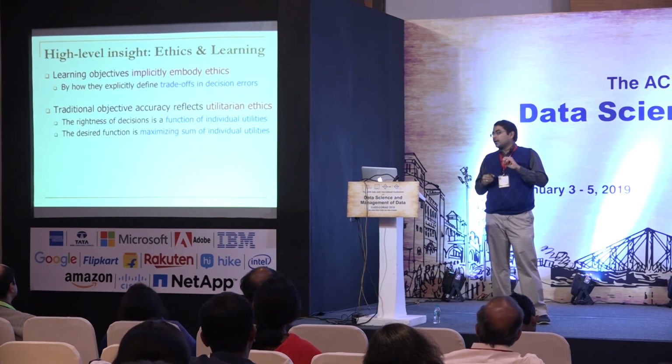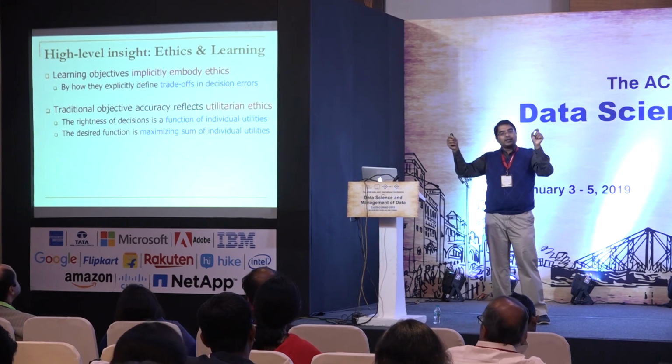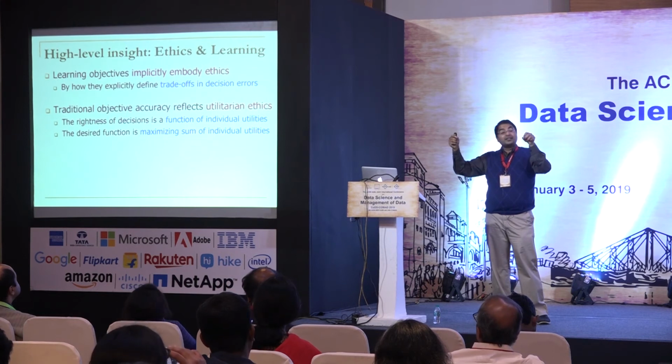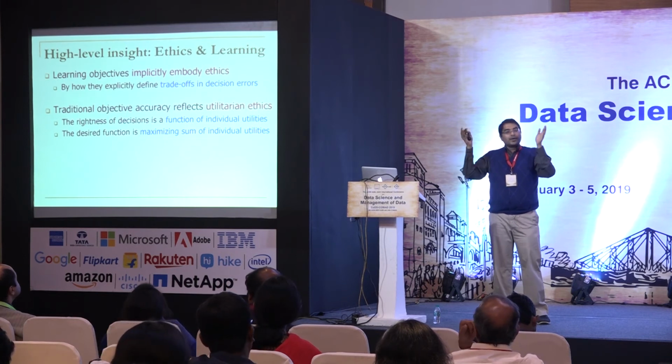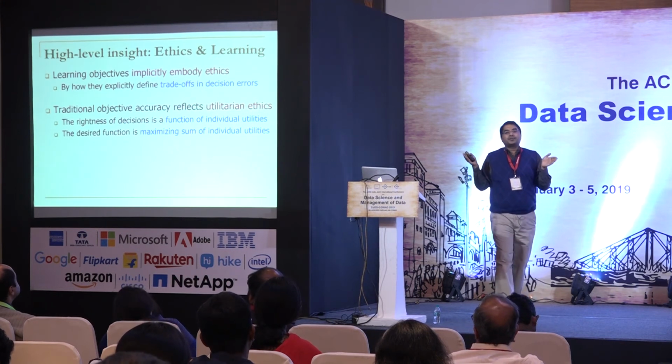Because what we are saying is that the righteousness of decisions is a function of individual utilities, that is individual errors, and that the desired function is the one that maximizes the sum of all the individual utilities.